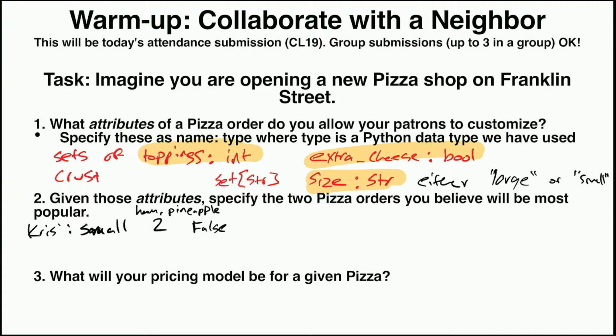Anyone else have a favorite pizza order they'd propose if you were ordering pizza tonight? Anyone have a ridiculous one? No one wants to, oh, here we go. Coming at you. Watch your heads. I'm a big fan of barbecue chicken pizza. How many toppings would that have on it?